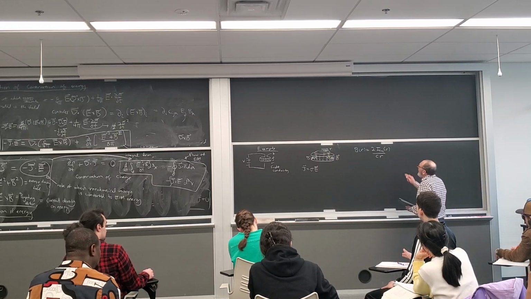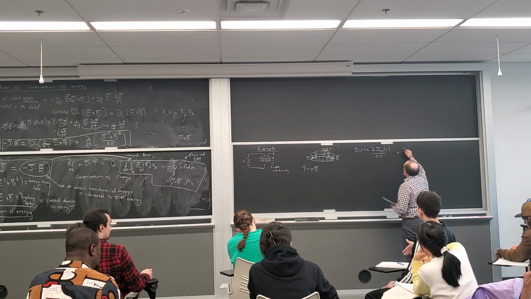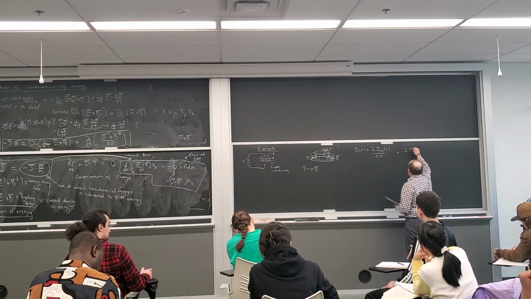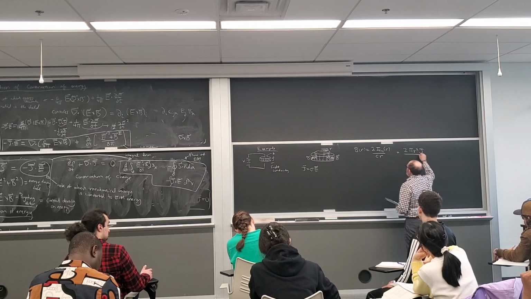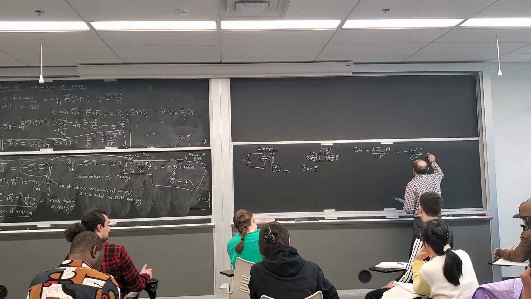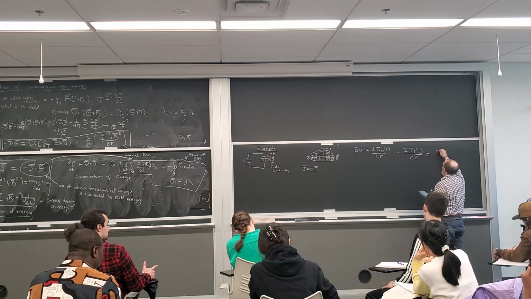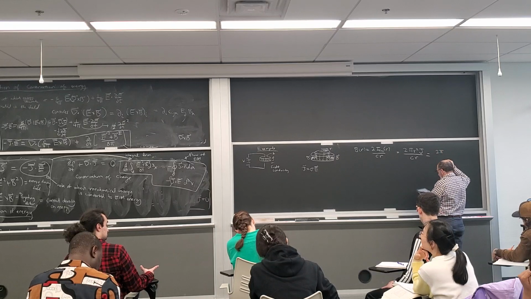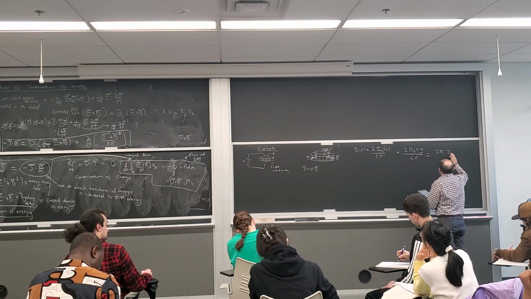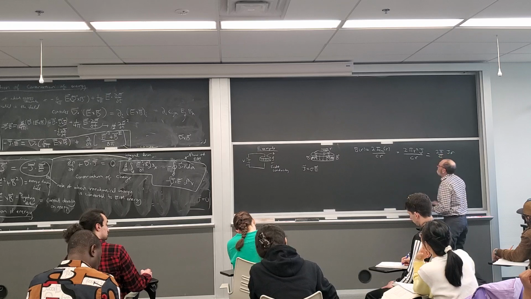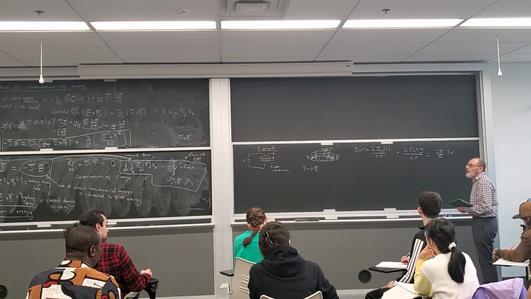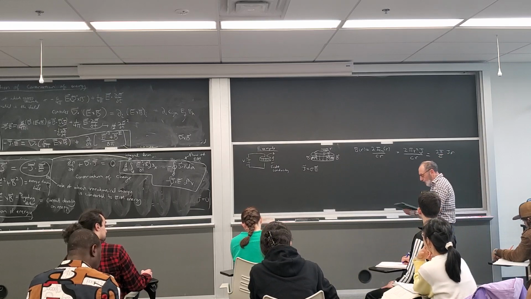And the current enclosed is equal to pi r squared times the current density. So this is equal to 2 pi J r over c. That's the magnetic field at that radius. Okay?